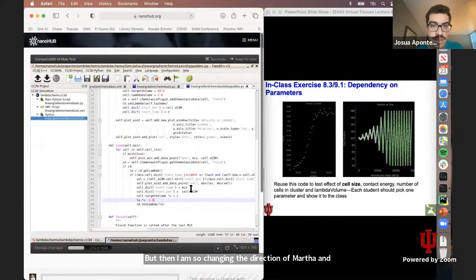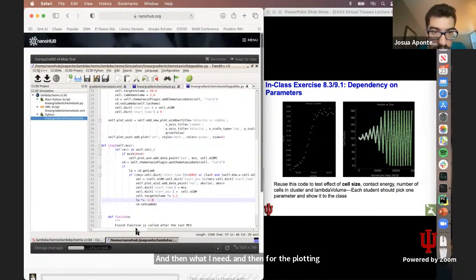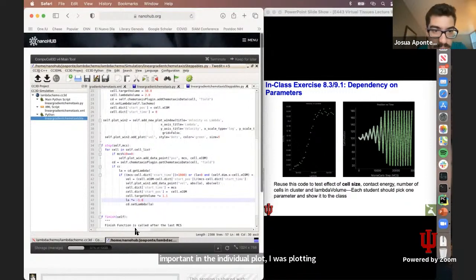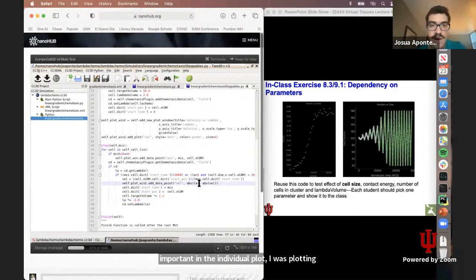And then for the plotting, which is important, in the original plot I was plotting the value of lambda and the velocity or the speed. But now what I really want to plot is the cell target volume.